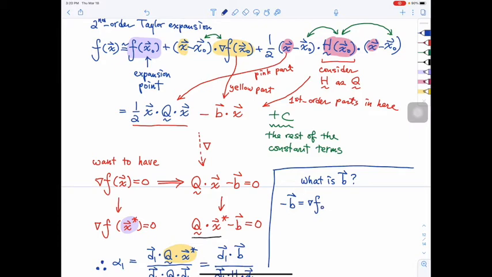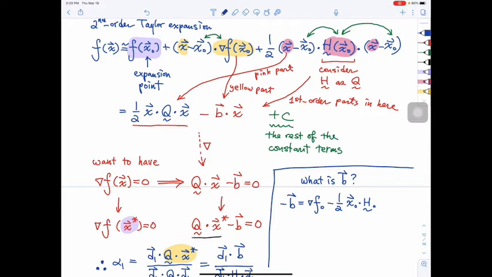And we're looking for all the first order terms. So we should have something like 1/2 of x0 dot Hessian 0. Actually, two of them.